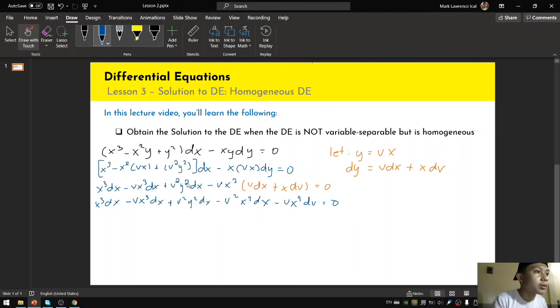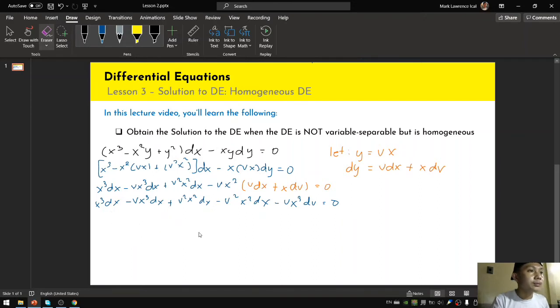Oh, bakit may y pa dito? Iwan ko yung y. X cubed dx minus vx cubed dx plus v squared. So you have to be really careful. So y squared is v squared x squared.